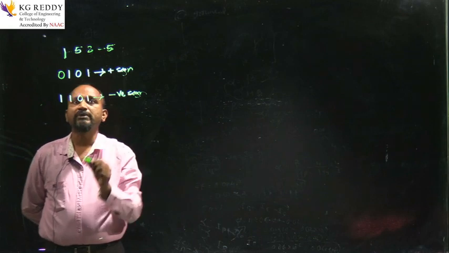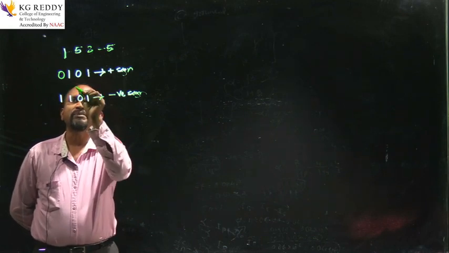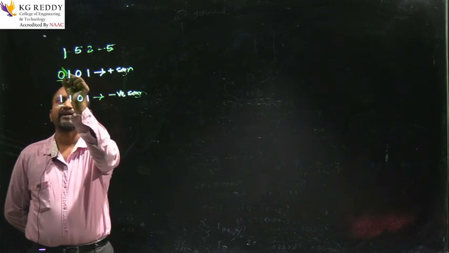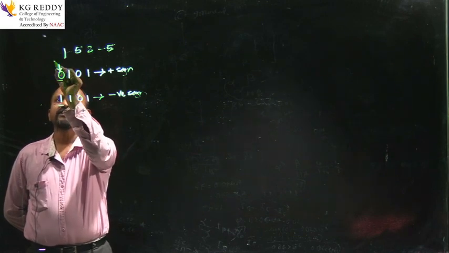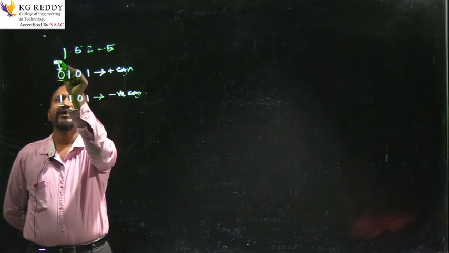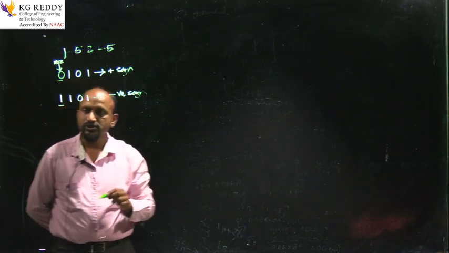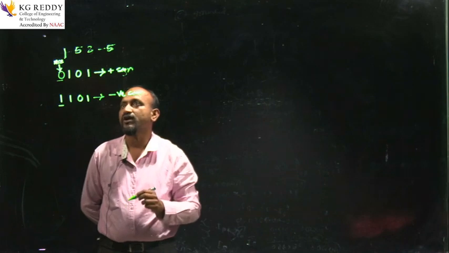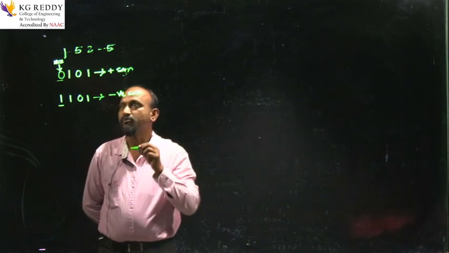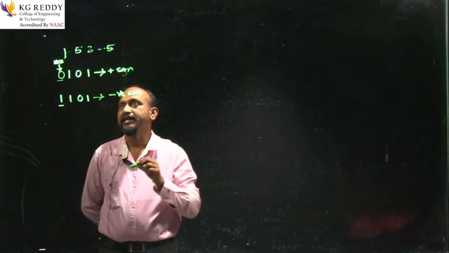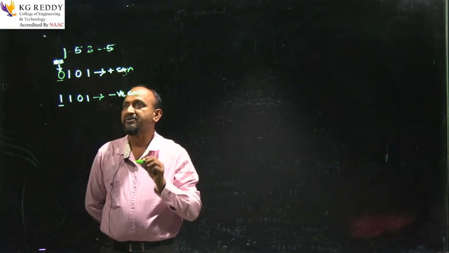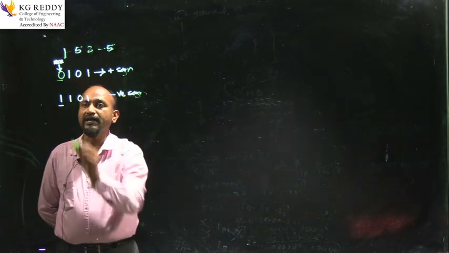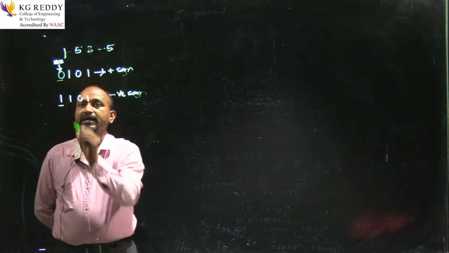Here the thing to remember: in this 4-bit binary, this is called the most significant bit, the MSB. This MSB should not be considered from the counting or quantity point of view. It is specially indicated for sign representation only. 0 indicates the positive sign and 1 indicates the negative sign.